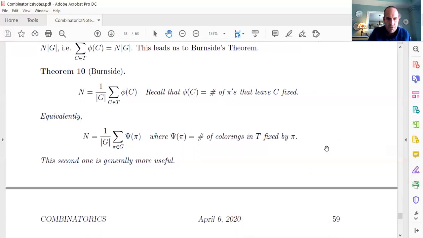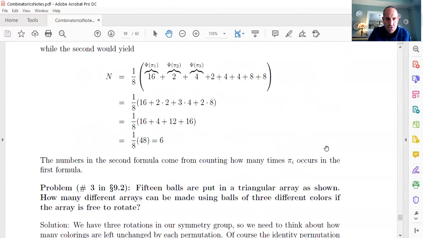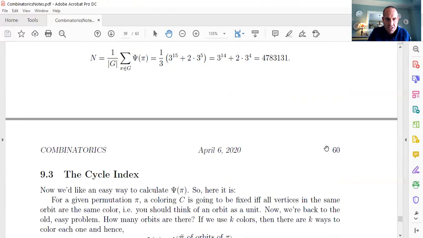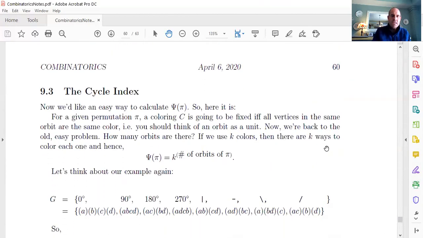So let's have a look here. This was us doing a couple of computations last time that we went through, but the big concept for today is this thing called the cycle index. And the cycle index is going to aid in our computation of psi of pi for a given permutation pi.